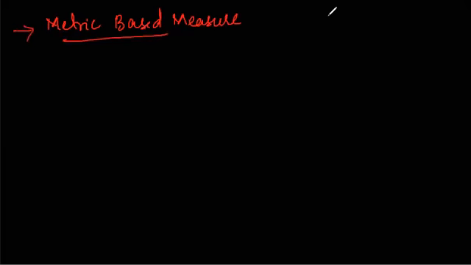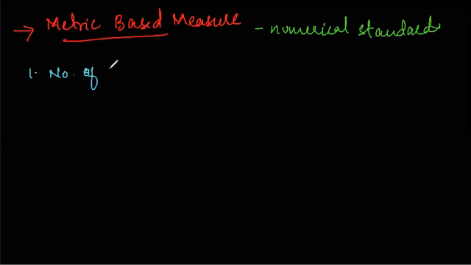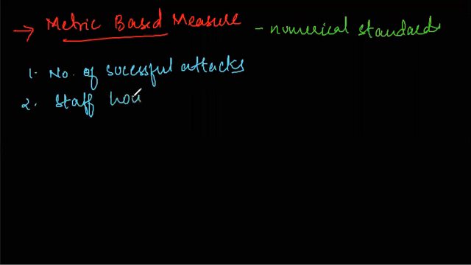Within this metric based measure, as I've told you, the focus is upon different numerical standards. What are these numerical standards? This can be the number of successful attacks, or the staff hours that are spent on system protection, that is, how many people are protecting the system around the clock and how many hours are put in for the protection.